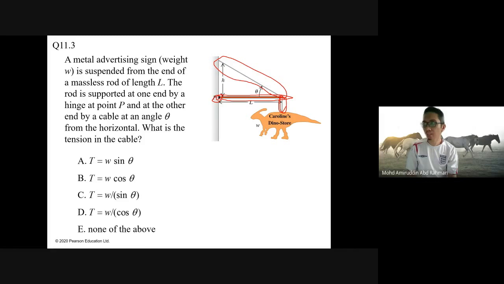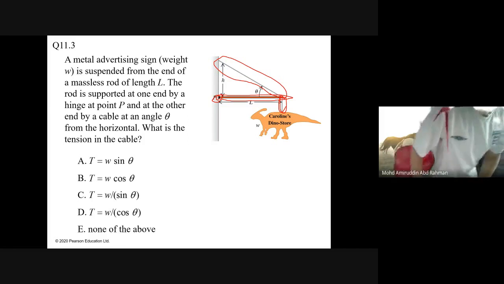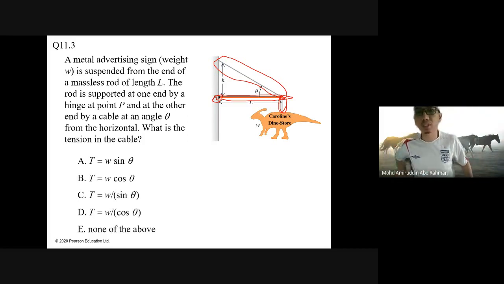So what is the tension over there? Give me a while. Okay, so what's the tension over there? You can refer back to this one in the slide.